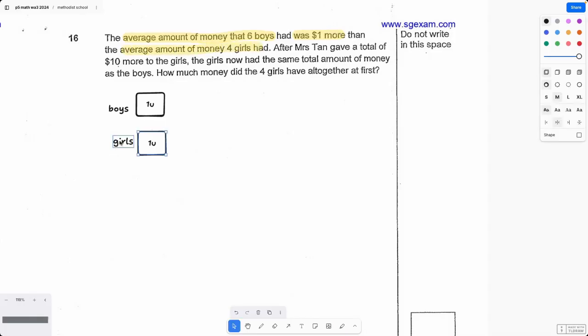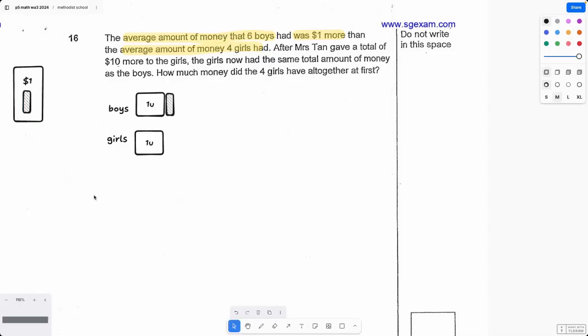Boys and girls are each 1 unit, but the difference is that the boys have this additional $1 over here. So I'm going to put a indicator here that this is $1, just to have a good indicator of what this looks like. So on average, every boy has $1 more than every girl.